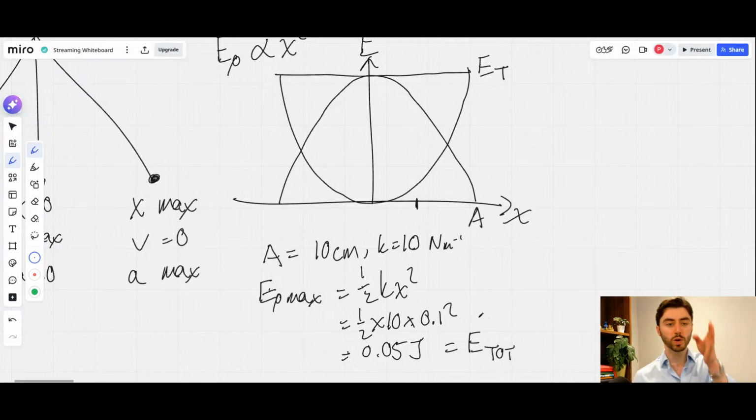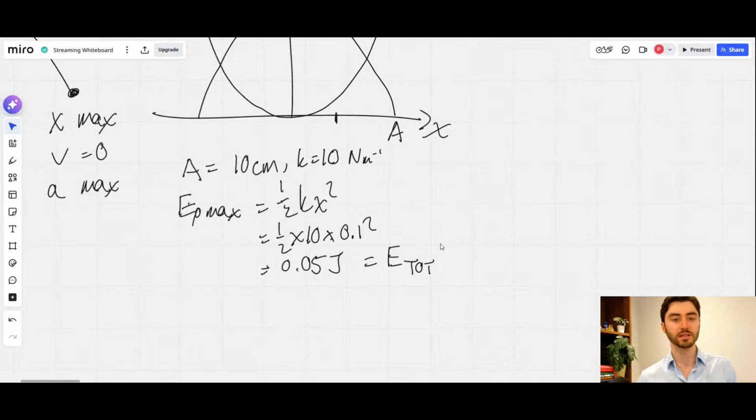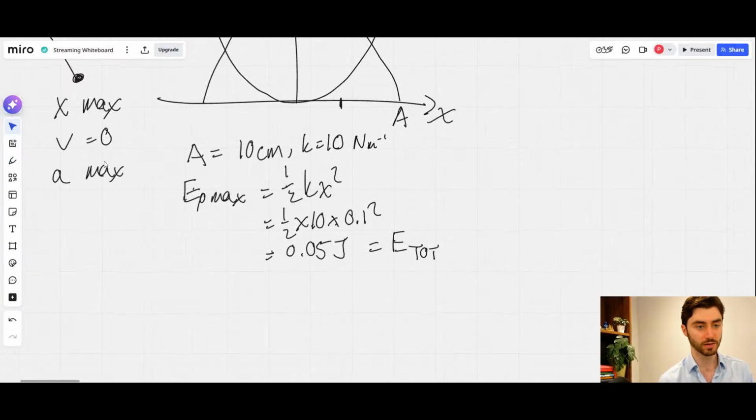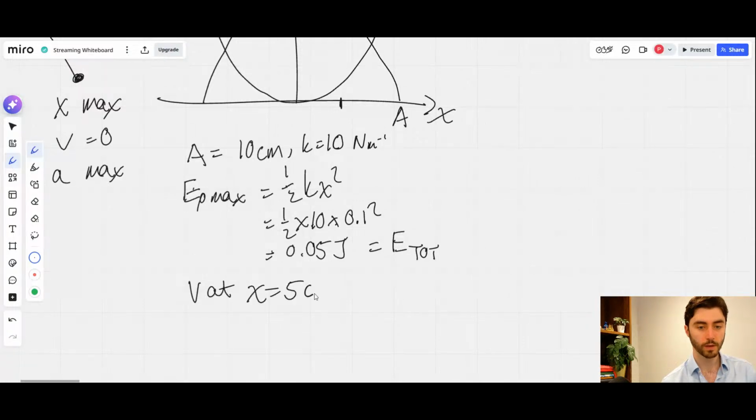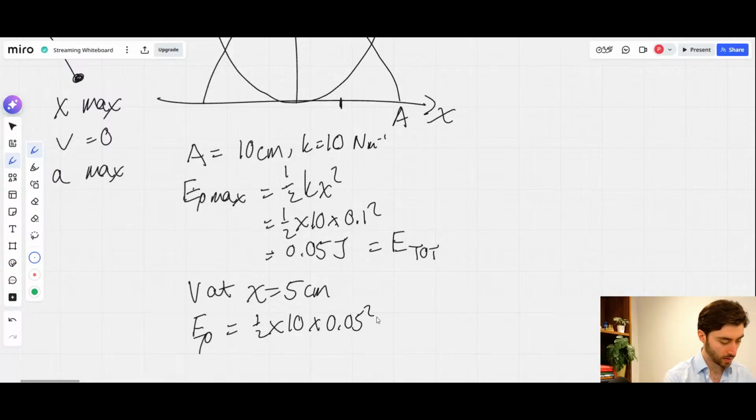And if I wanted to work out the speed at, say, 5 centimeters, what I would do is to work out the potential energy at that point, which would be a half times 10 times 0.05 squared, which again, if I run that, I would get a value of 0.0125 joules.